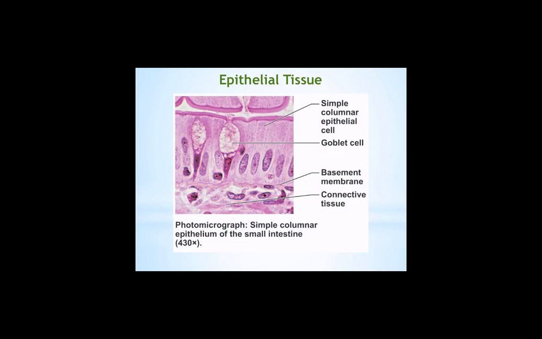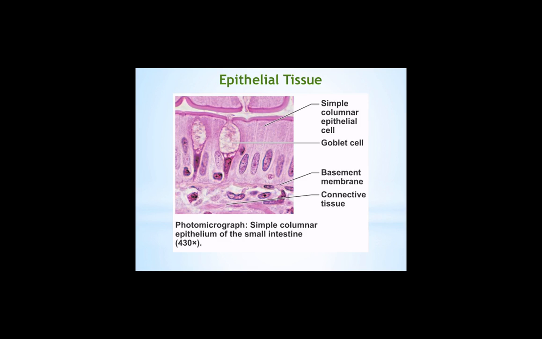So this is an example of a different form. These are columnar cells, and they're in the small intestine. Their primary purpose is absorption, and you can see the pink layer on the top. These are microvilli, small projections from the cell wall, which greatly expand the surface area of the cell for absorption of nutrients.